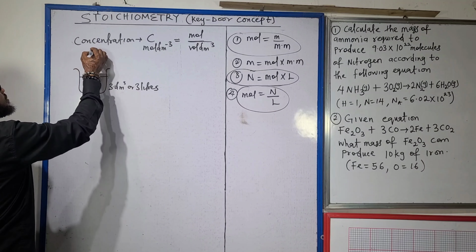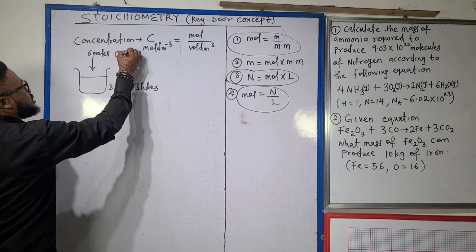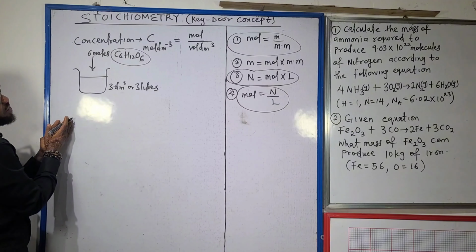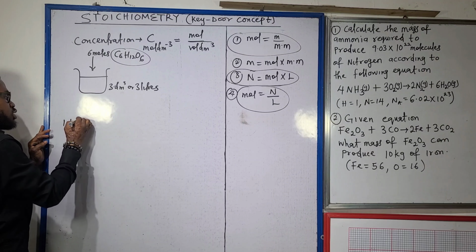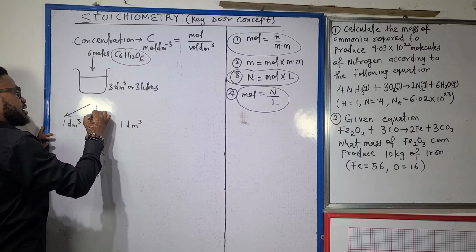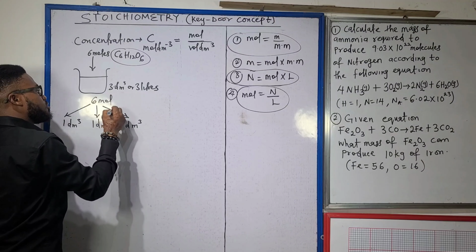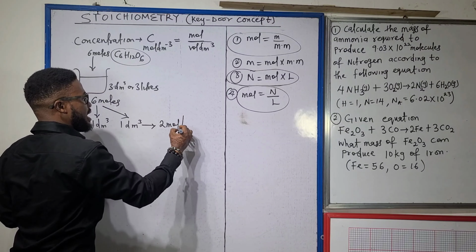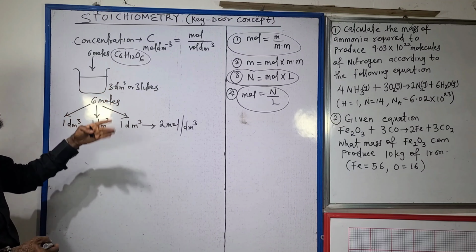If I am to dissolve 6 moles of glucose into this solution, what that simply means is, let this be 1 dm³, 1 dm³, 1 dm³, and I am distributing 6 moles equally into 3 places. So that here is going to mean 2 moles per dm³. In other words, 2 moles goes to each liter of this solution, to each dm³ of this solution.